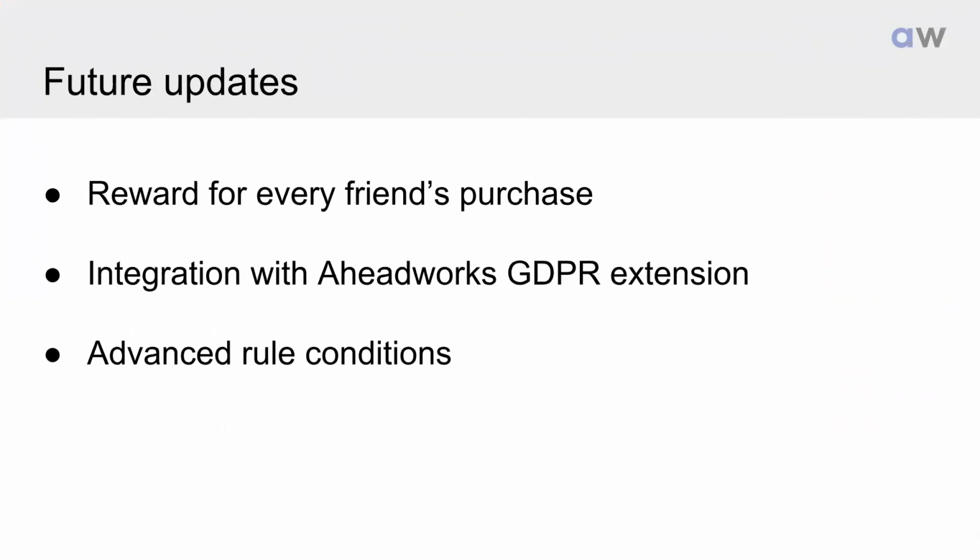Next, the integration with the HeadWorks GDPR extension. Currently, Refer a Friend natively supports the right to be forgotten, and we are also going to add a close integration, which will also support the right to be informed and the right to portability, meaning admin will be able to download PDF or XML with not only general customer information, but also their referral activity.